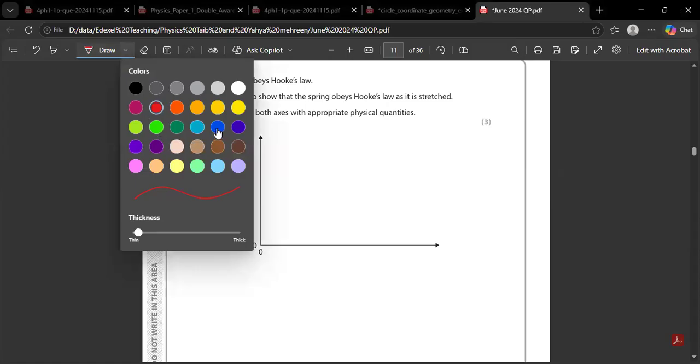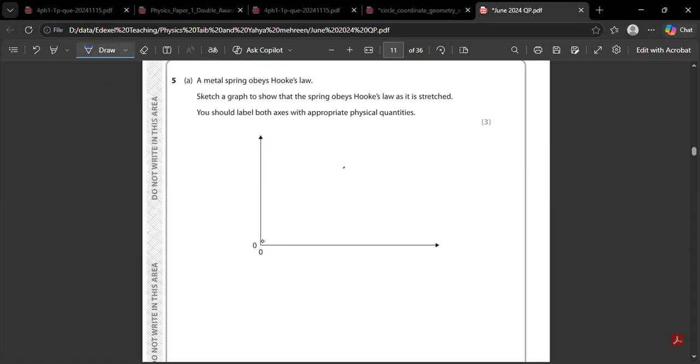So yes, you are right. It should start from the origin, and we have to mention extension on the x-axis, and over here you can write force or weight. The 3 marks are: one for labeling, one for the straight line, and one for starting from the origin.